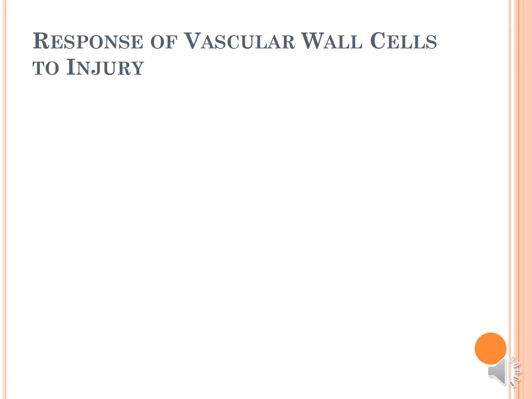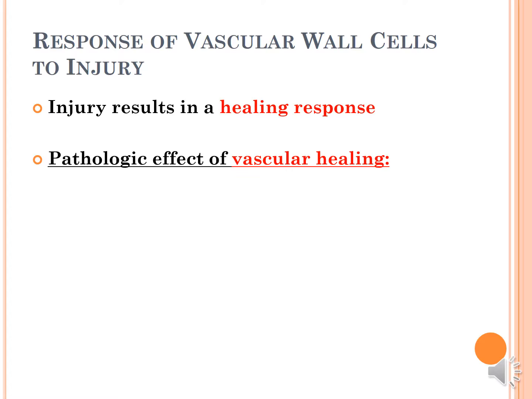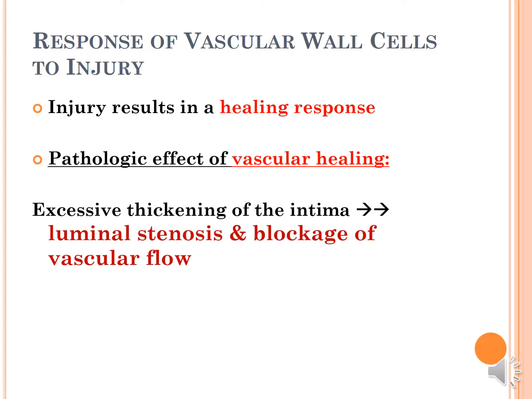As in any tissue, whenever it's injured, the wall of the blood vessel will show a response, or a healing response, regarding this injury. The pathological effect of vascular wall healing is most importantly excessive thickening of the intima. This will lead to luminal stenosis and blockage of the vascular flow.